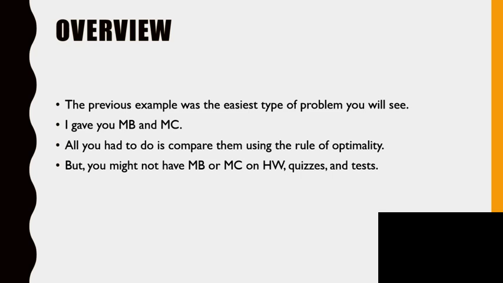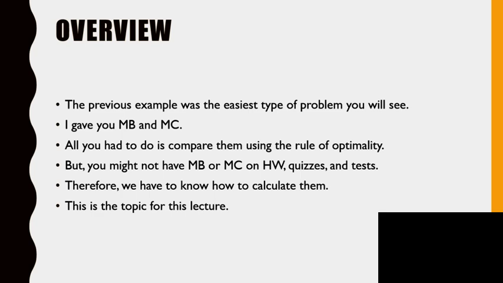You're not going to have marginal benefit and marginal cost given on all your homework, quizzes and tests from now on. I'm going to make it a little harder, where you have to calculate something. Therefore, we need to know how to calculate marginal benefit and marginal cost from the information we're given. That's what we're going to focus on in this lecture. How do we calculate marginal benefit? How do we calculate marginal cost?